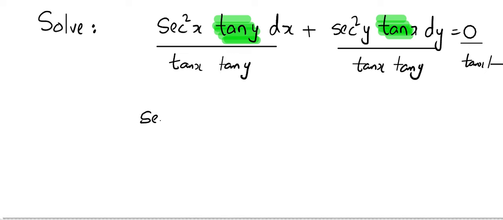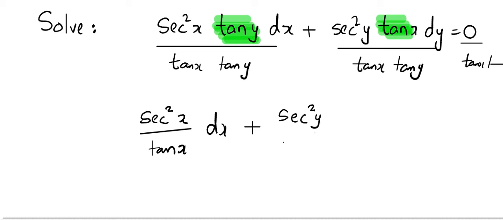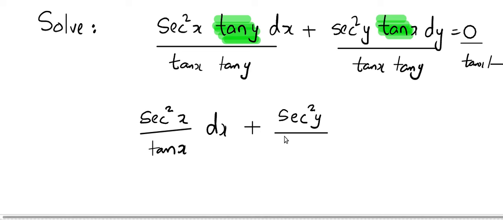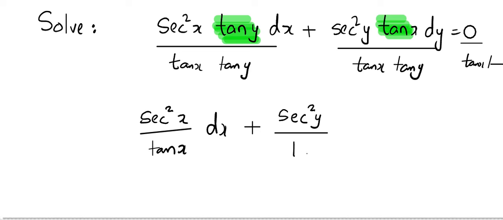So we get integral sec square x by tan x dx plus sec square y by tan y dy is equal to 0.